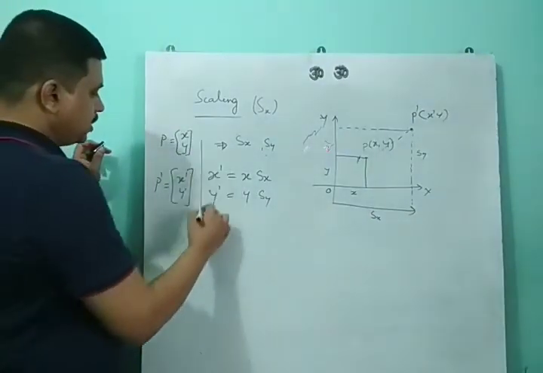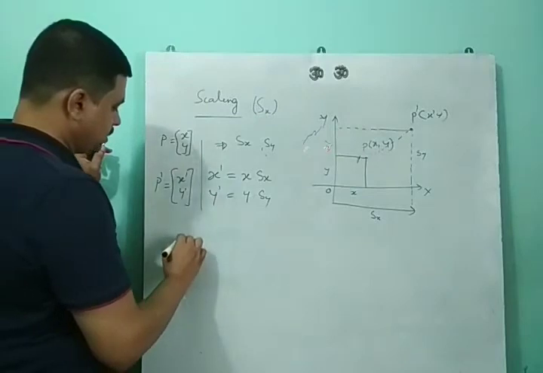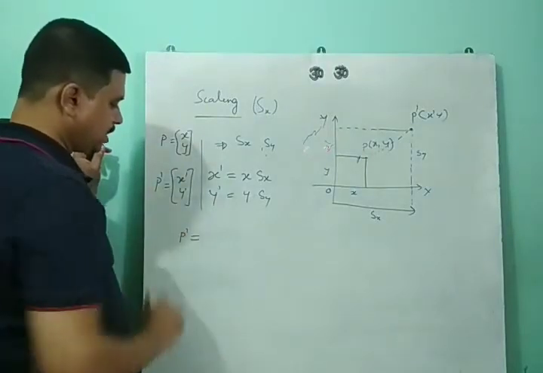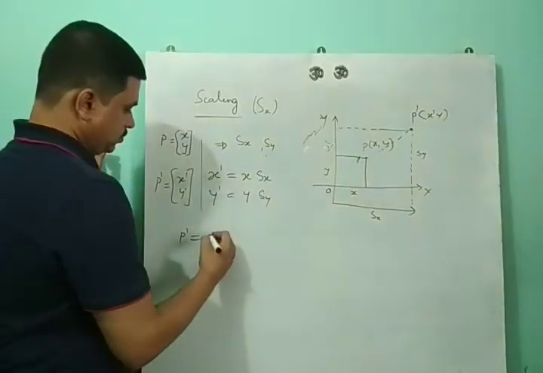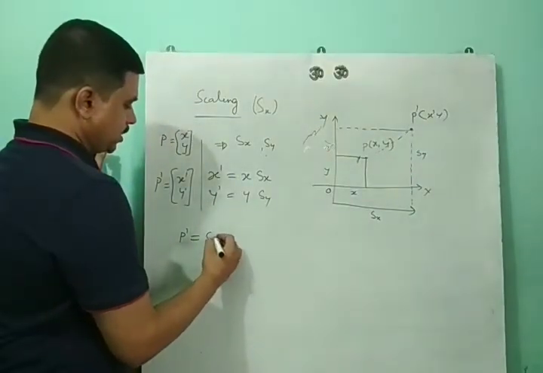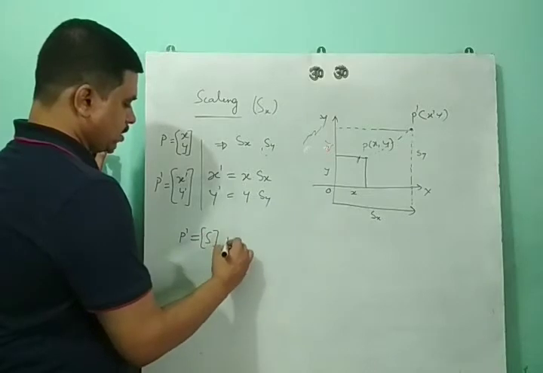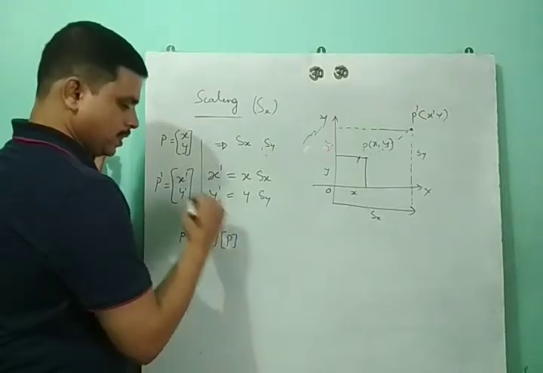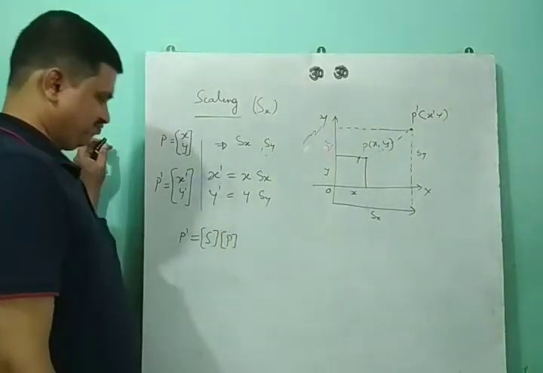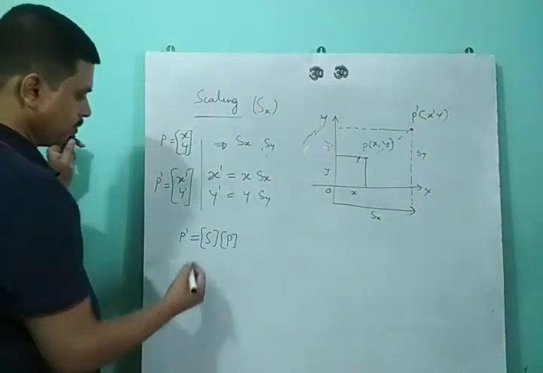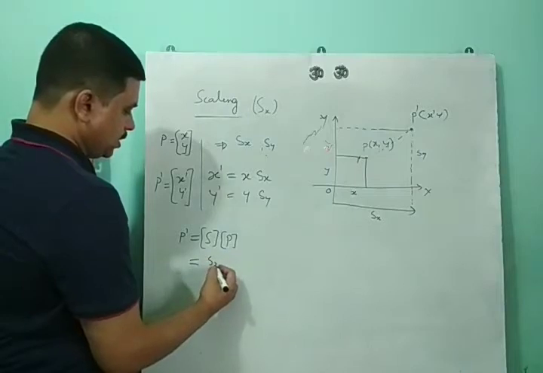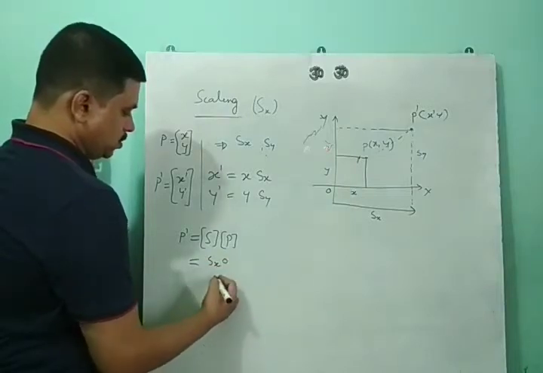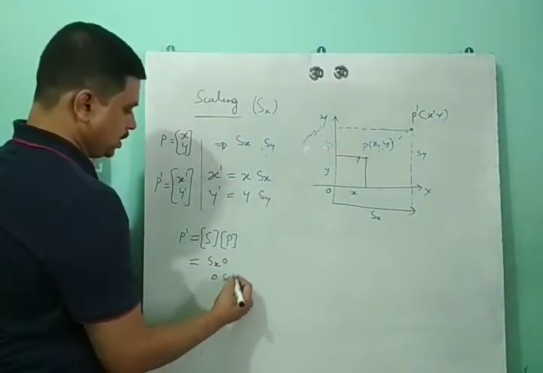So in matrix notation, that can be represented as P dash is equal to the scaling matrix and the initial matrix. Here the scaling matrix is nothing but Sx 0 0 Sy.